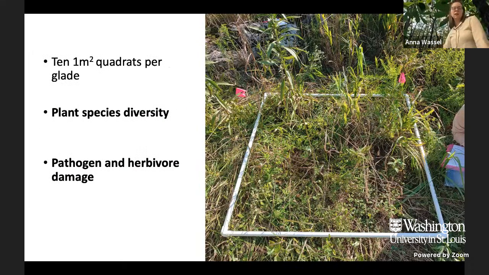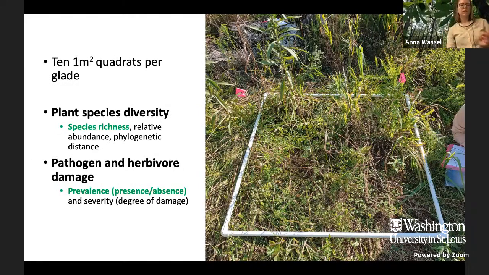So within each glade, I had 10 1-meter square quadrats in which I assessed plant species diversity and then pathogen and herbivore damage. So I took several metrics of each of these, including for plant species diversity, I measured species richness, relative abundance, and we will include metrics of phylogenetic distance.